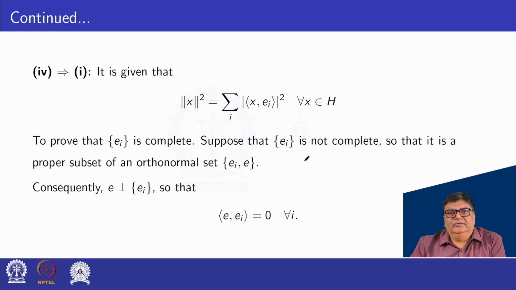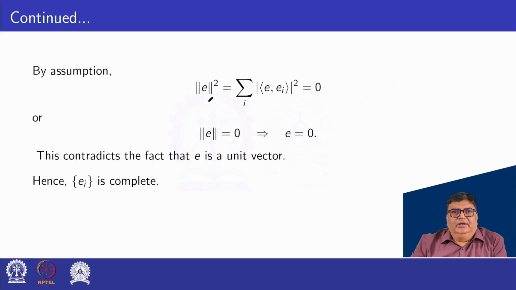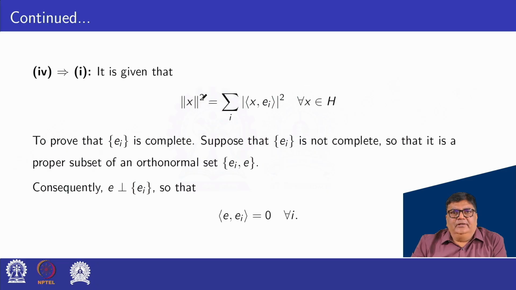Okay, suppose x is equal to e. Here norm e square is equal to, this is a summation over I of the square of the mod of the inner product of x and ei.